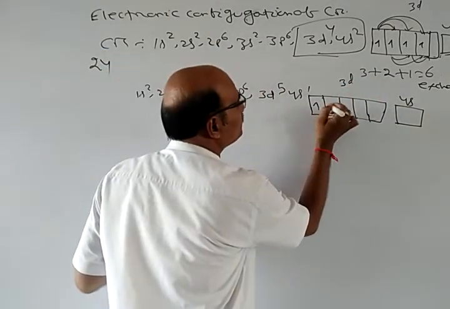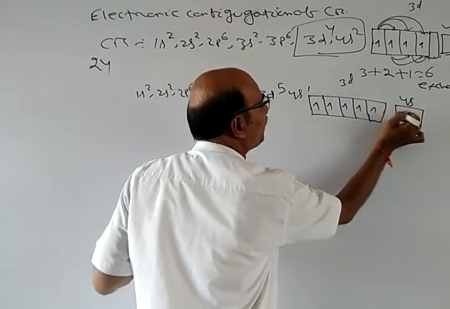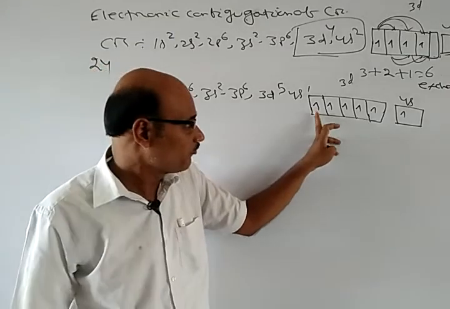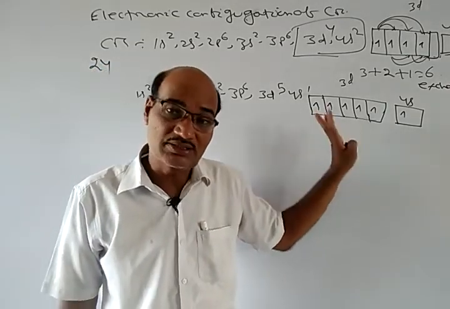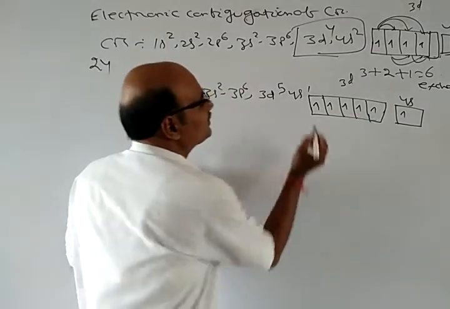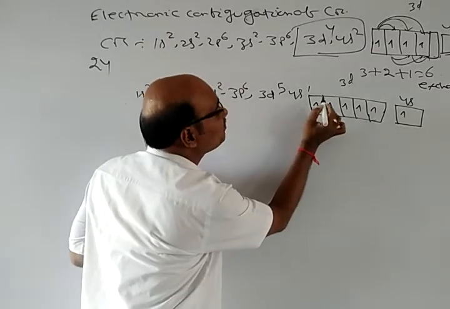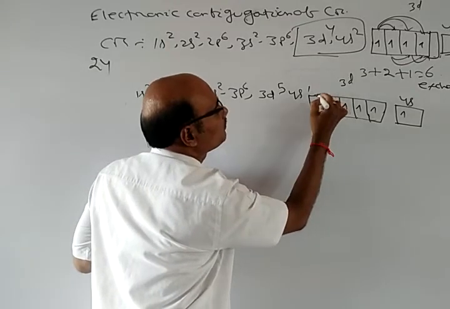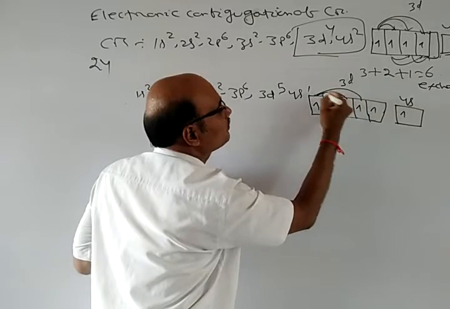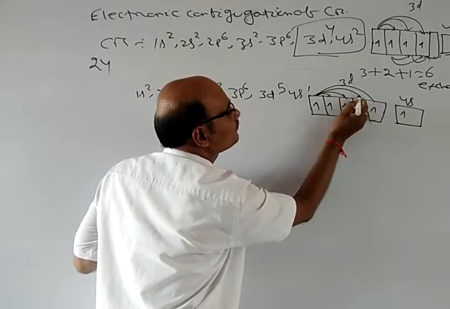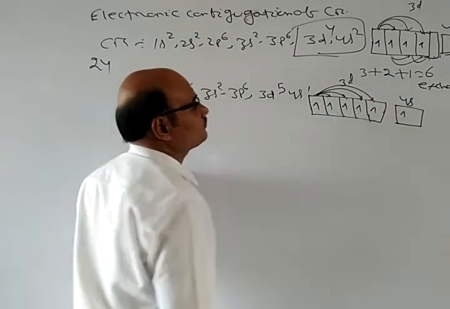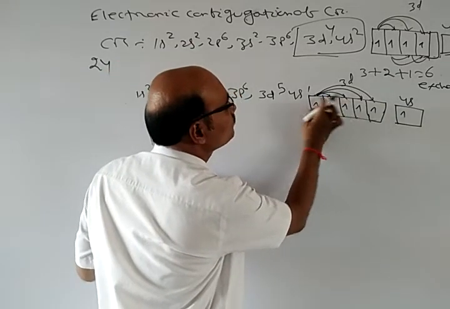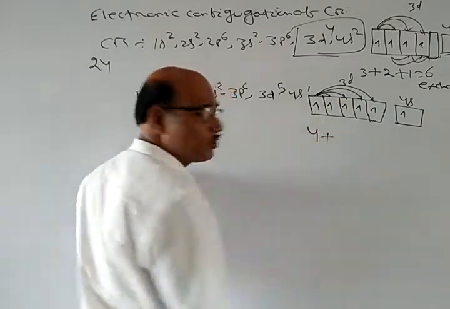In the 3d subshell, we have 5 electrons which are singly filled. Now this electron can exchange its position with this one, this one, this one, this one. So this electron exchanges with this one, 1, 2, 3, 4: 4 exchanges.